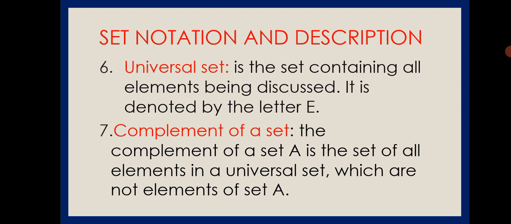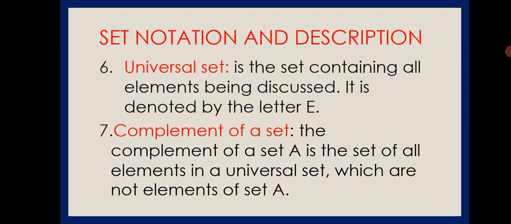It is denoted by the letter E. So all the elements that we will get, or which will be given to us, most of them or all of them are found in the universal set. In other words, it's the universal set that gives birth to the individual sets being discussed.